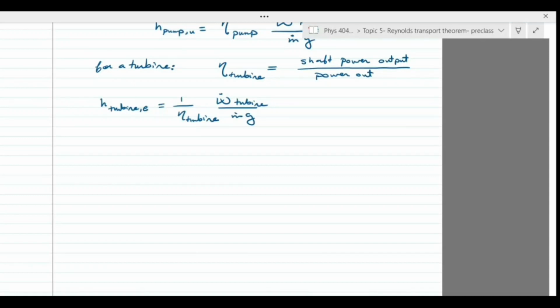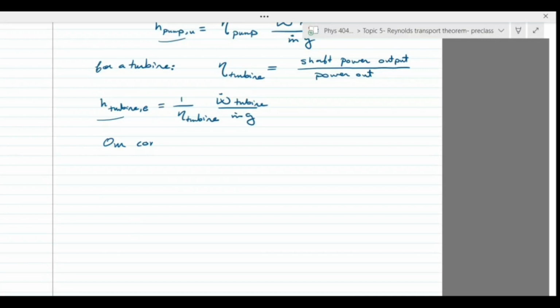And so now I can just rewrite my head form of the energy equation while including the heads due to the energy associated with the pumps and turbines. And you can see now, in addition to HL, which is the head loss due to irreversible processes, we will have H of the pump and H of the turbine to account for the lost energy in generating shaft power as well.